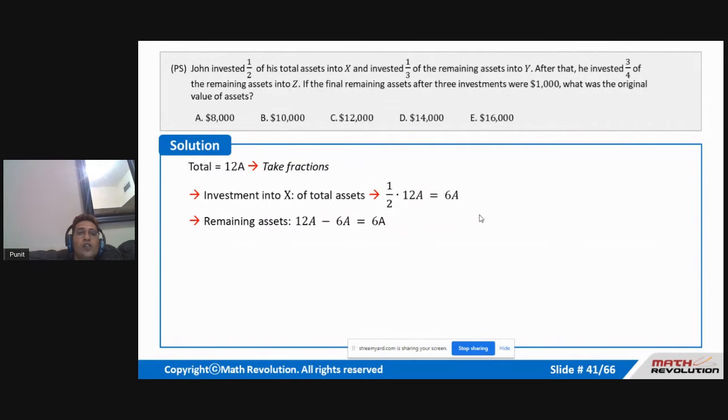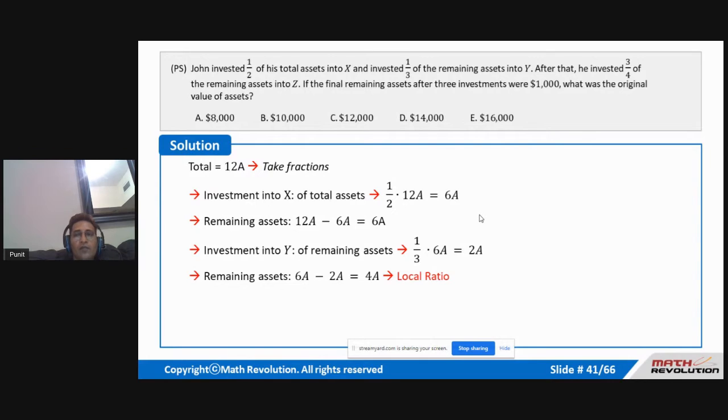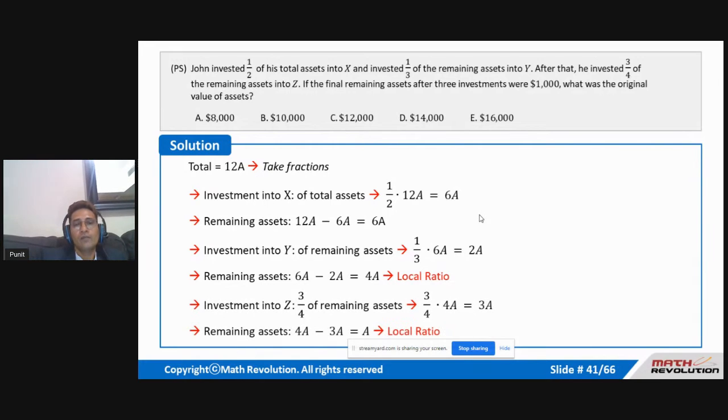John invested half of his total assets into X. Half of 12A becomes 6A. Remaining are 6A. Out of this 6A, 1/3 was in Y. So 1/3 of 6A becomes 2A. Remaining are 4A. Out of this 4A, 3/4 of the remaining assets are for Z. So Z becomes 3A because that is 3/4 times 4A. So you're left with A.